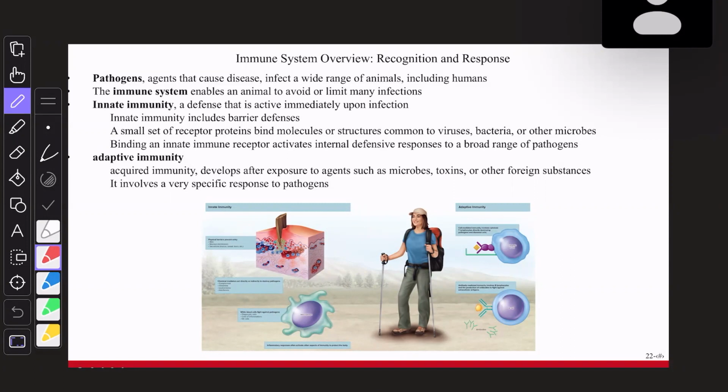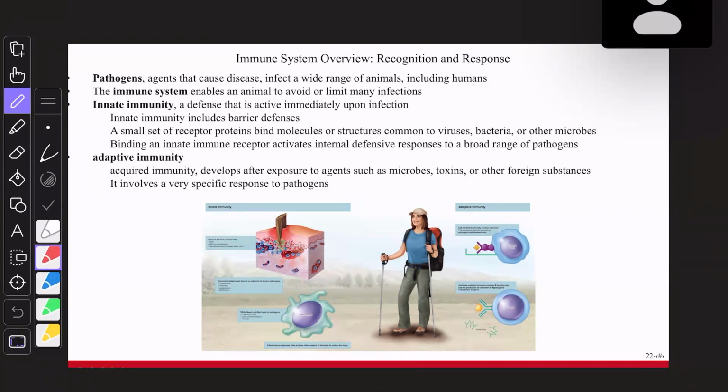When you come out of the womb, not the wound, although technically, when you come out of the womb, you are immediately protected by your innate defenses, okay? This includes barriers, right? Your skin is an innate defense.